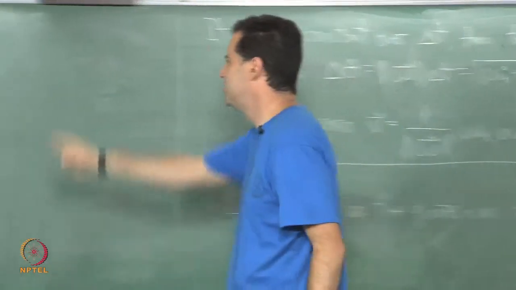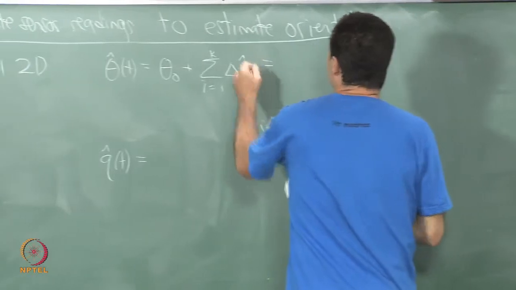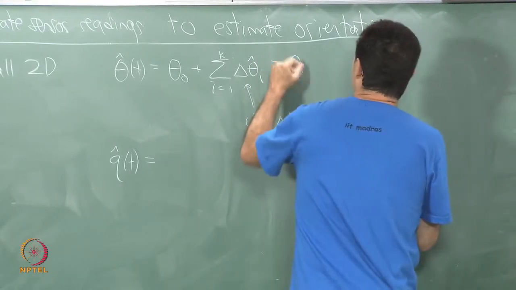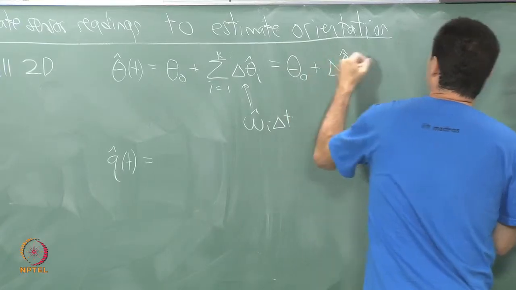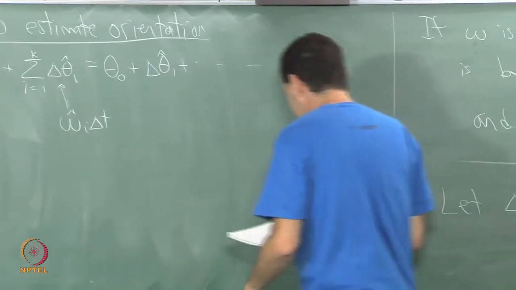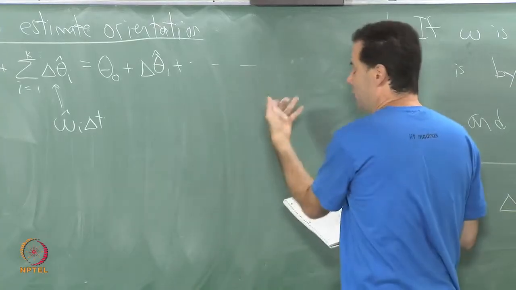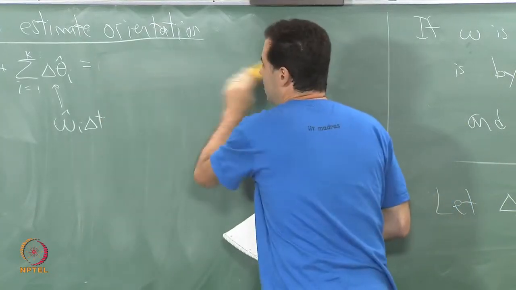So that means that if I were to write this sum out in the usual way up here for the 2D case, I would go theta 0 plus delta theta 1 hat plus dot dot dot. I can't write it like that. I have to write it in the other direction to make it match up.